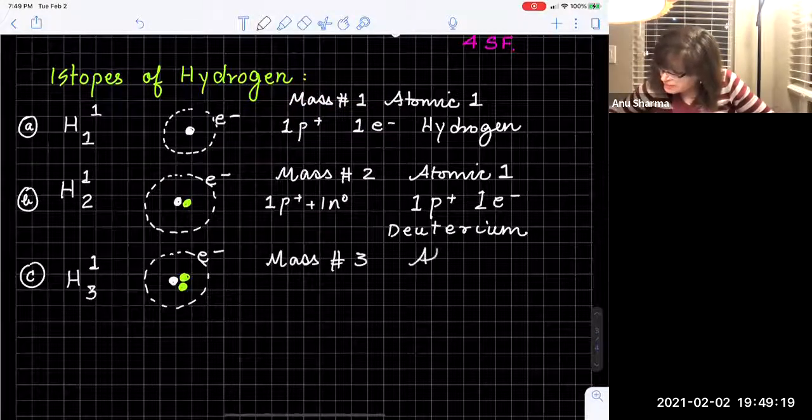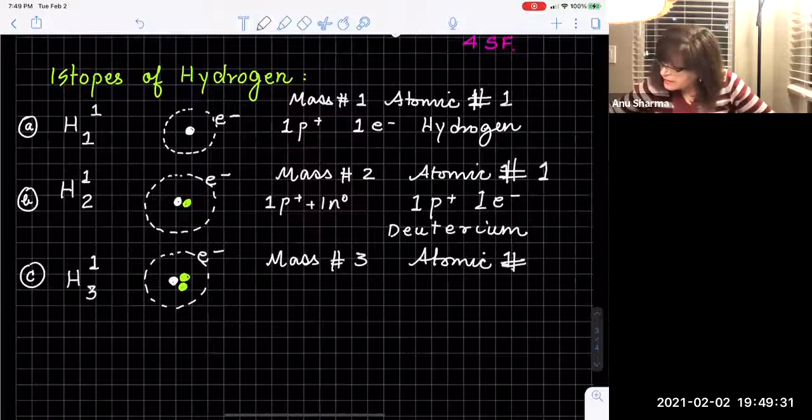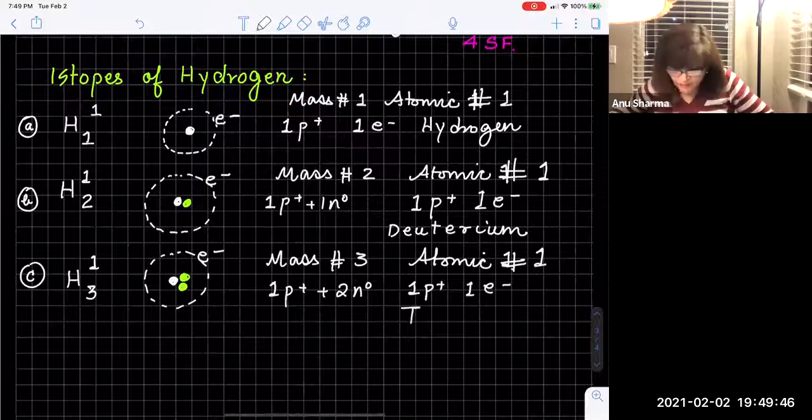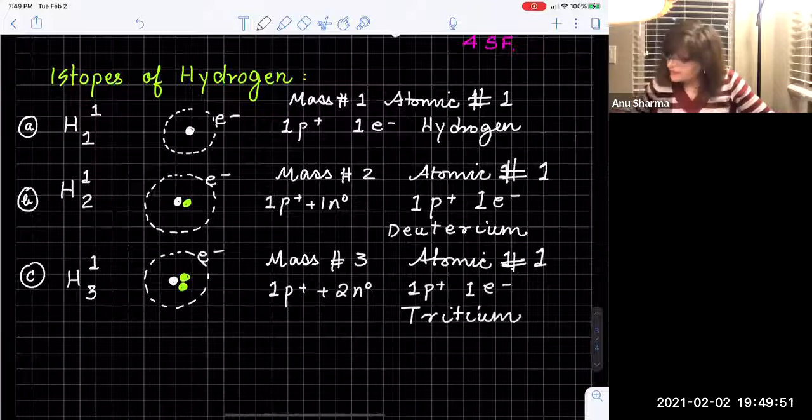Atomic number is 1 and mass number is 3. So that means there is 1 proton plus 2 neutrons, and then there is 1 electron. And the name of this is called tritium, T-R-I-T-I-U-M.